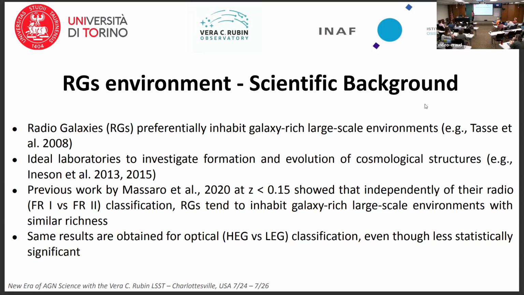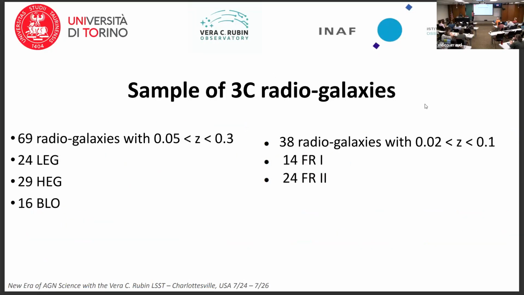So what I wanted to do is have a larger sample and a more statistically significant result. So I studied the 3C sample of radio galaxies. I took the 3C catalog because we already have some information regarding the classification of radio galaxies.